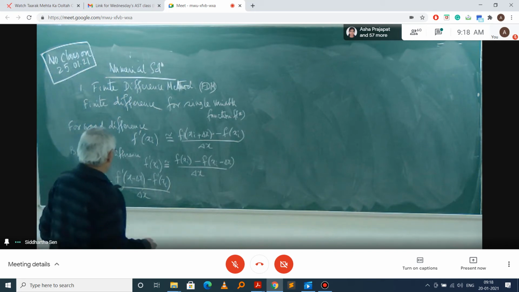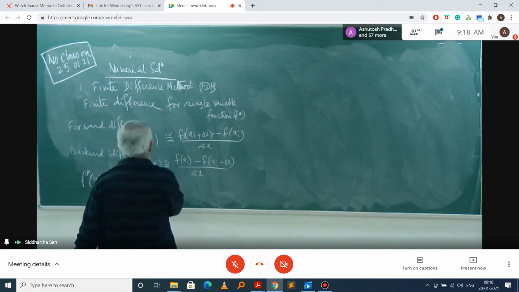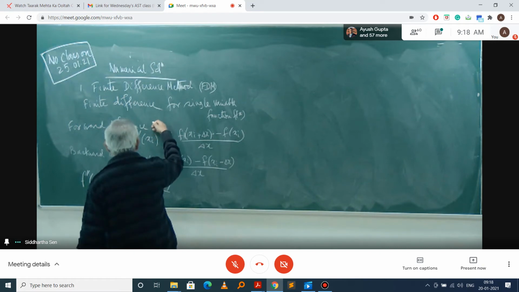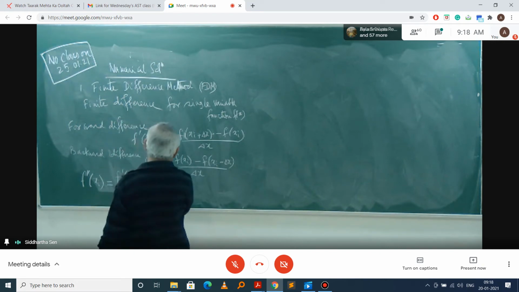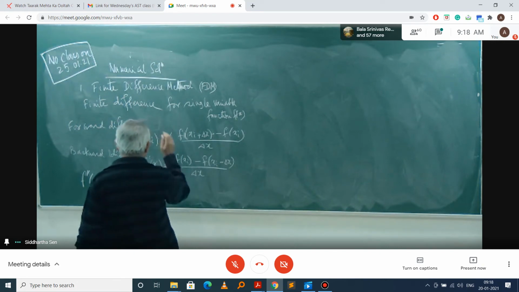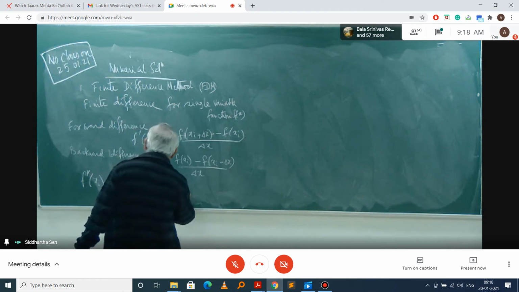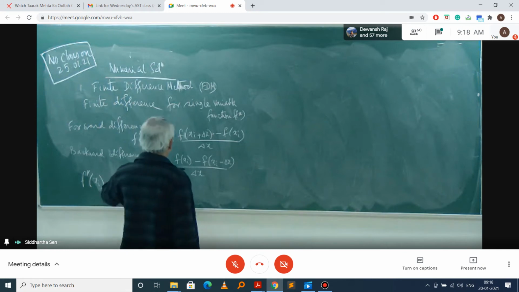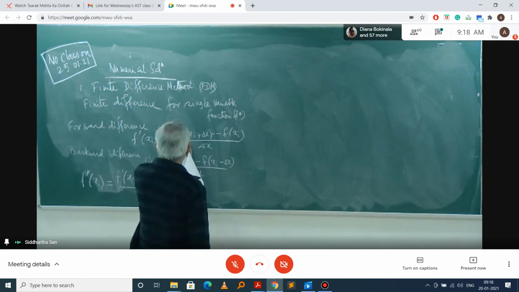So for finding out this f dashed of xi plus delta x, I will use the forward difference. In another case, I will use the backward difference. So if I do the things there, then what will be? In this place, I place this value there.